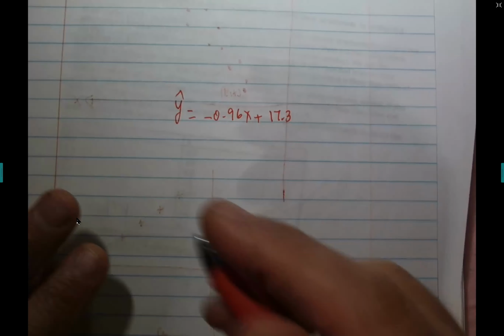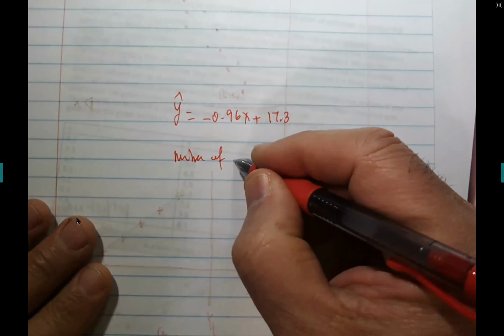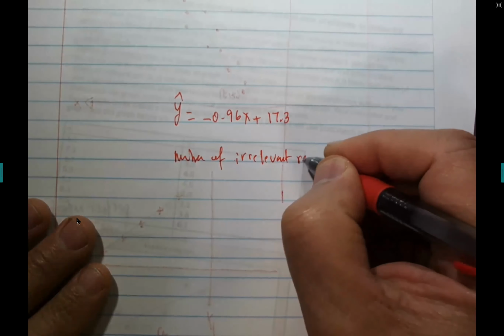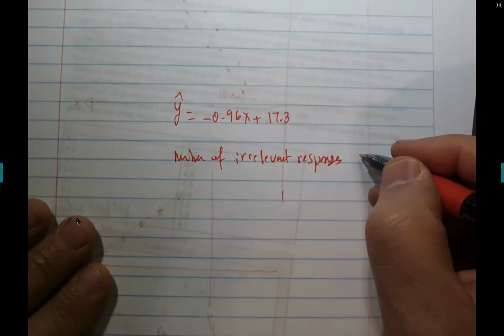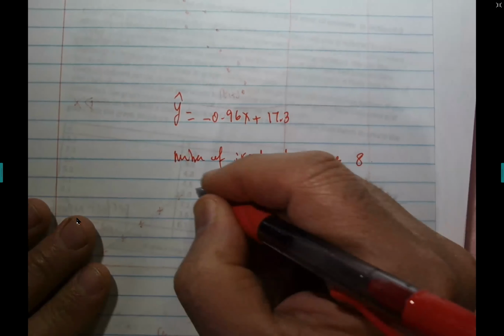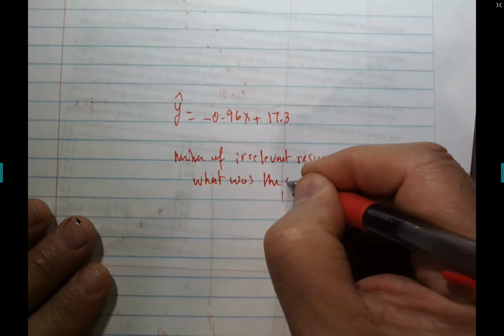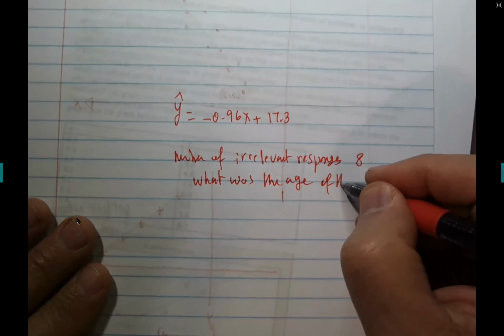What if I give you the number of irrelevant responses and I want the age of the child? Then you plug that number in for y and rearrange. Number of irrelevant responses, let's say 8. What was the age? This is a little bit of algebra, guys. That's the last thing I'm going to do today. What was the age of that child?